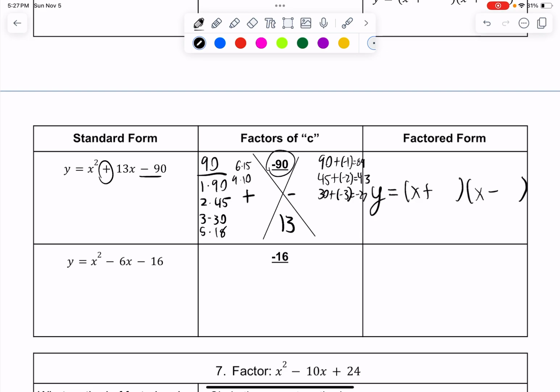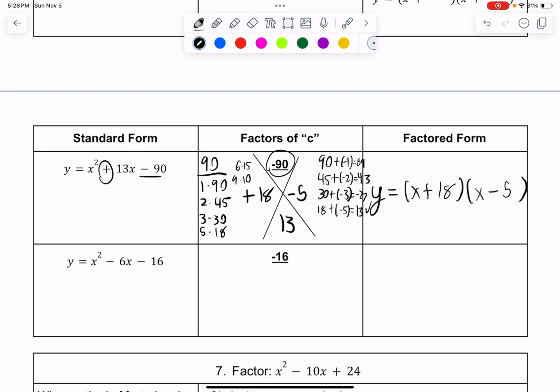We're getting closer and closer. We're not quite there yet. Now let's look at 18 plus a negative 5, which gives us, oh, look at that. Now we have our 13. So I have my positive 18 and my negative 5. Therefore, I'm going to have x plus 18 and x minus 5.